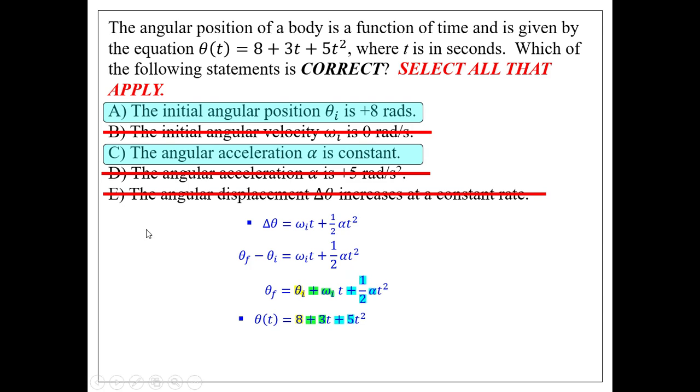E would only be right if acceleration is 0, like if the object is rotating at a constant rate. If it's rotating at a constant rate, then it's not accelerating. So you have to differentiate between when alpha is 0 versus when alpha is not 0. E is crossed out because there is an acceleration, which implies that your angular displacement is not increasing at a constant rate. It's increasing exponentially.